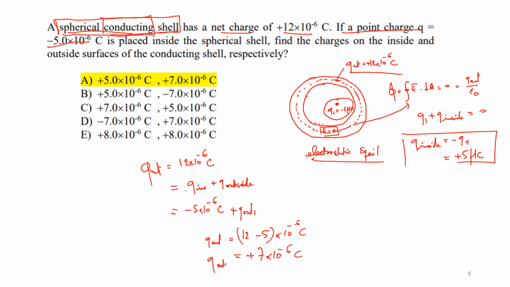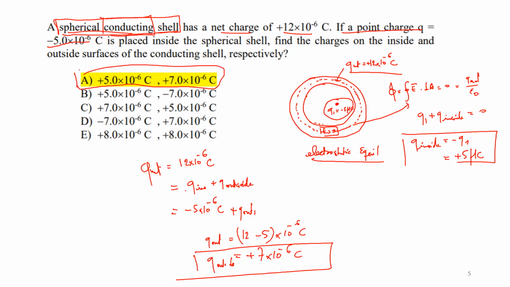This is the charge outside. Okay. So of course, A is the correct answer. So you see here, I have used Gauss law. I have used conservation of charge. Okay. And I can even use principle of superposition.